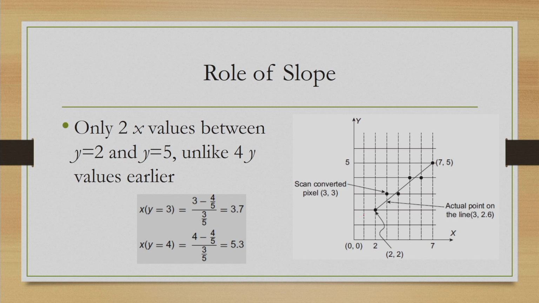Now, if we do so, we will see that we have only two successive y values, this one and this one, between y equal to 2 and y equal to 5. So, earlier we computed 4 x values, this time we need to compute only 2 values, because we have only 2 increases of y between the endpoints.